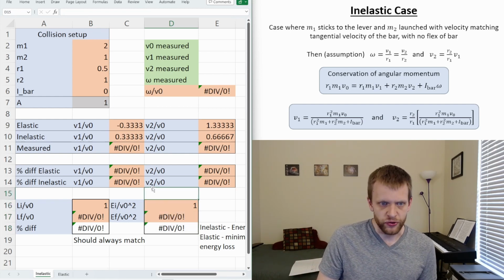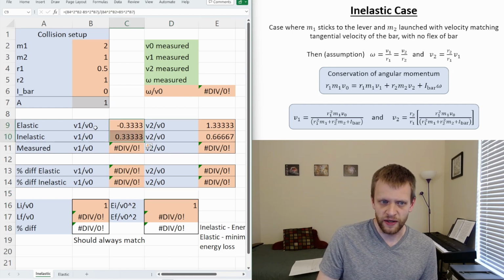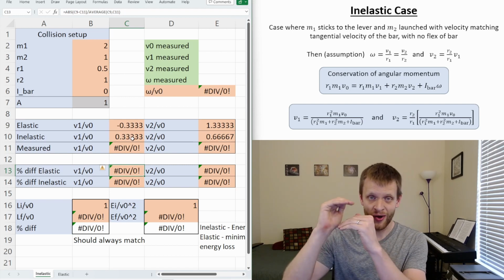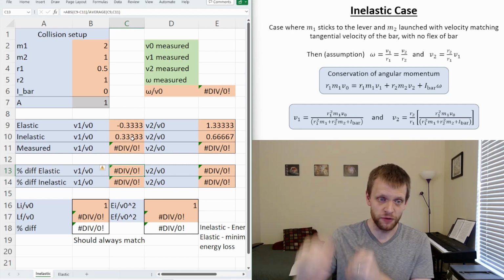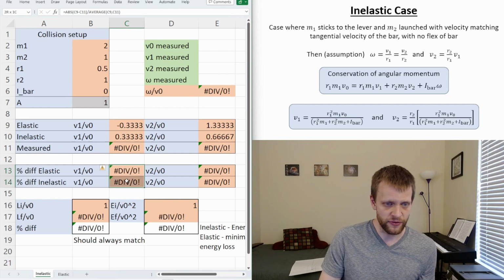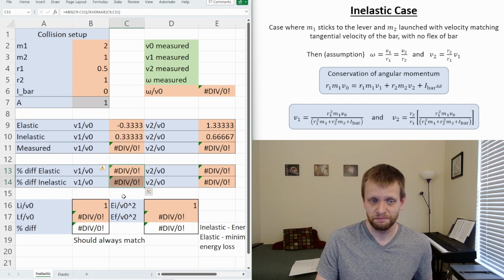A couple other things about these calculations, especially for the velocity of object 1. These velocities are going to be small, and some of them might be around 0. And when you're doing the percent difference equation, percent differences with values close to 0, especially when one could be positive and one could be negative, really throw off these percent differences.